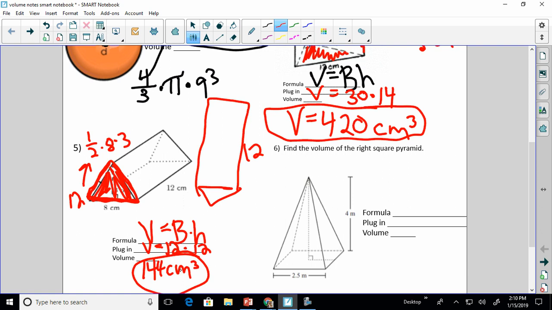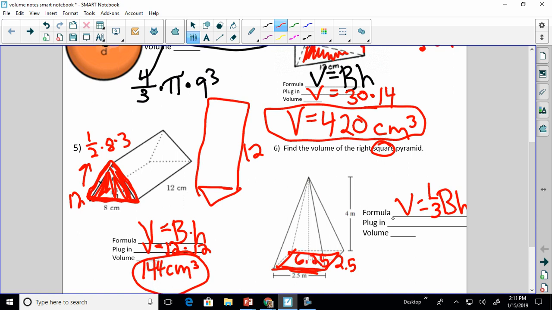All right, last one. This one is a pyramid, a square pyramid. It tells you to be exact. The formula is 1/3 big B times H. Again, big B means area of the base. In this case, the base is a square, so to find the area of the square, I just do length times width. So 2.5 times 2.5, and the area of that base is 6.25.